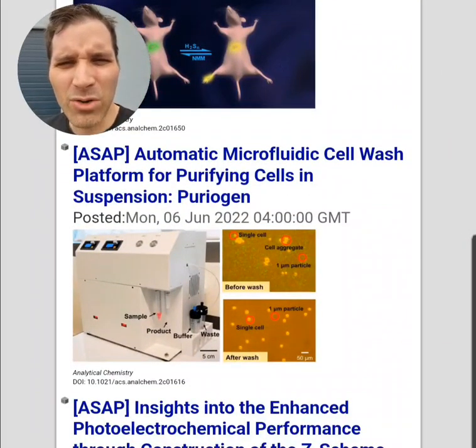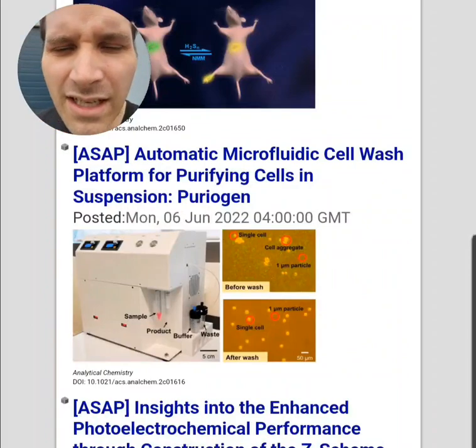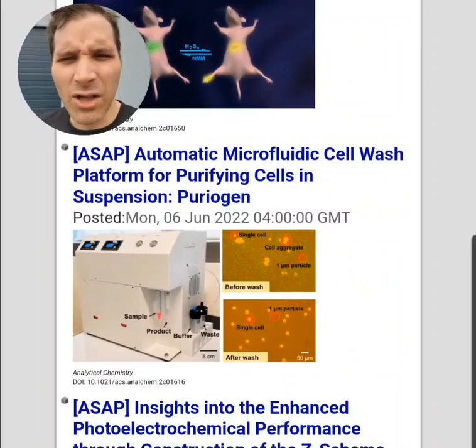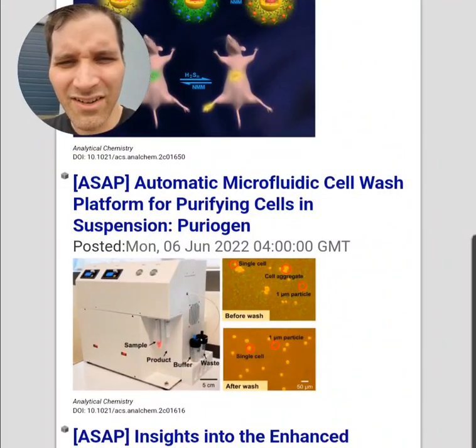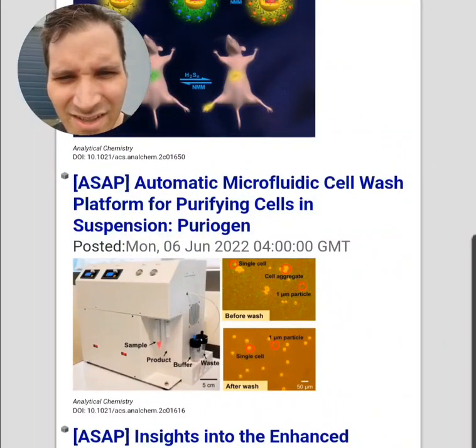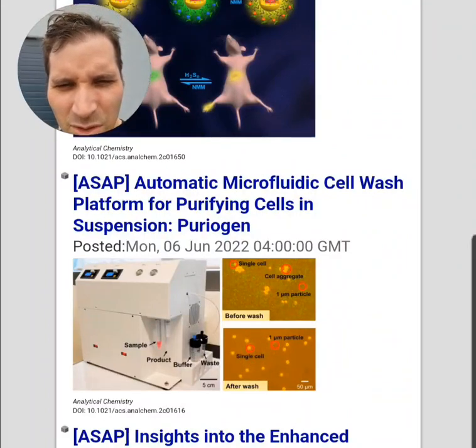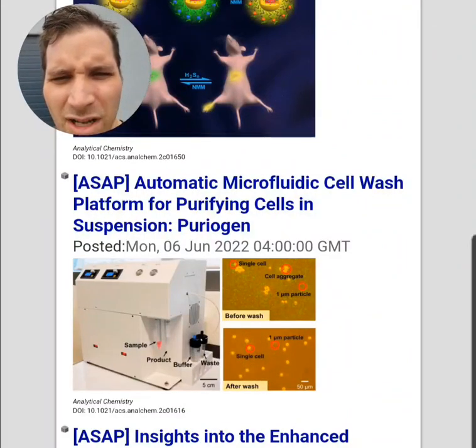An automatic microfluidic cell wash platform for purifying cells in suspension. So it's a cell wash platform. So it's for washing cells. Is that biological? Yeah, it looks like that. You got cell aggregates, and cells, single cell, and a 1 micrometer particle before wash and after wash. Very cool.